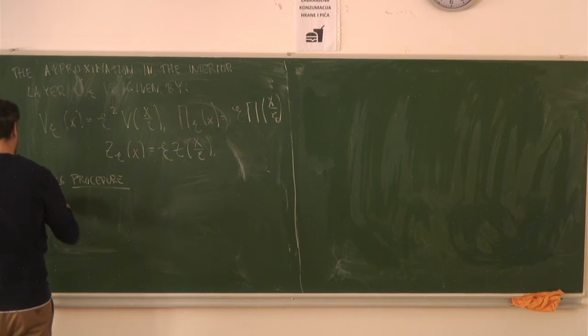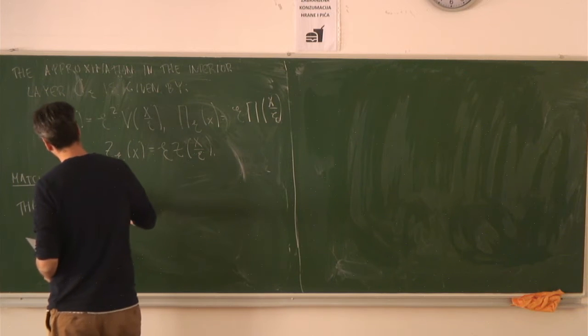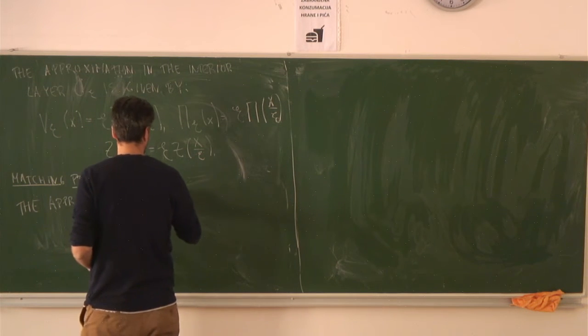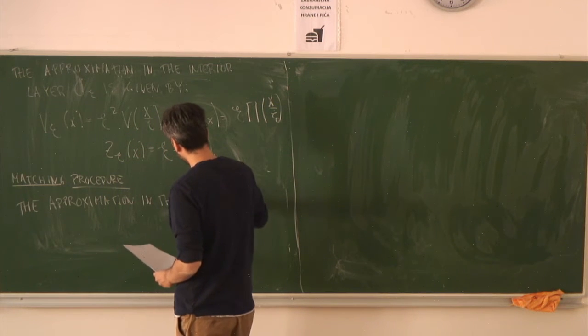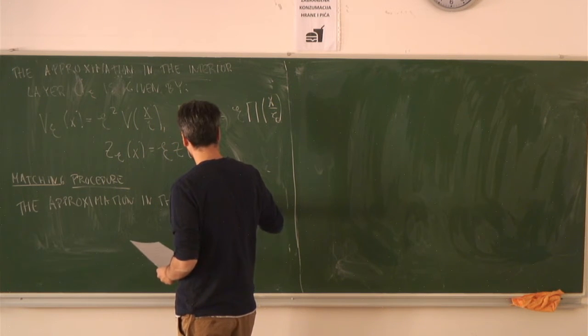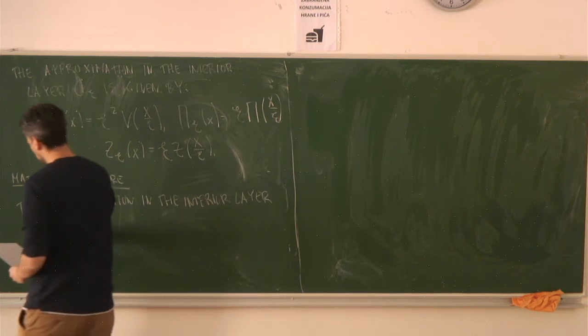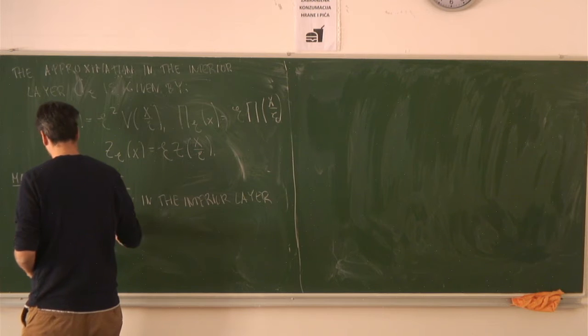So the approximation in the interior layer is given in this form, v epsilon, p epsilon, and z epsilon.